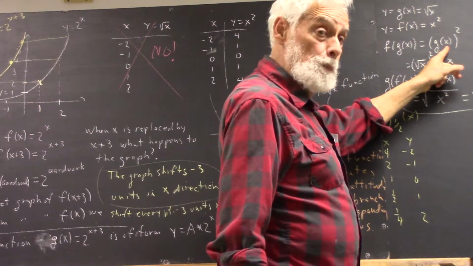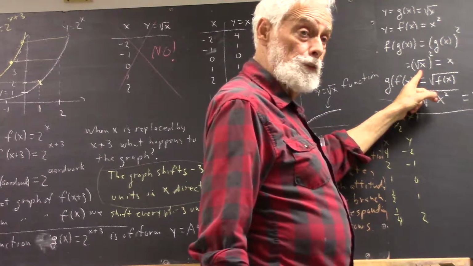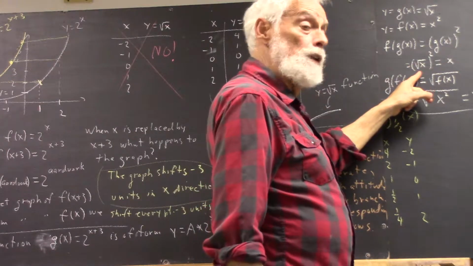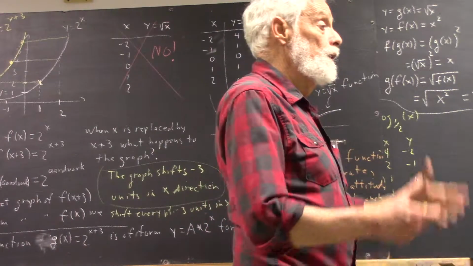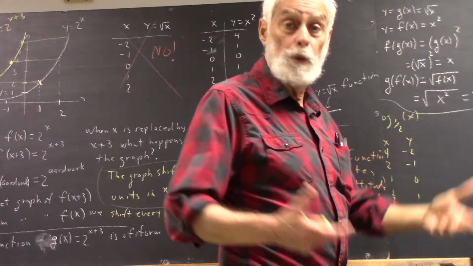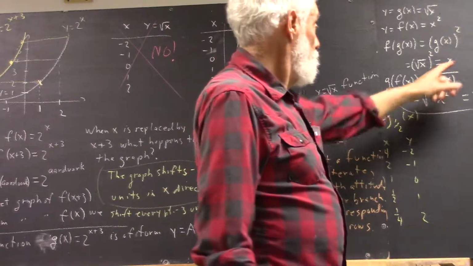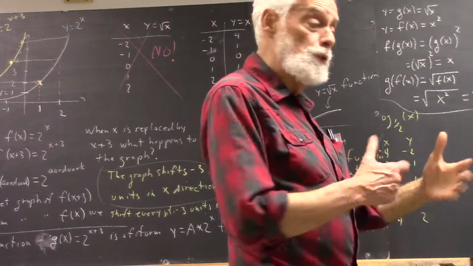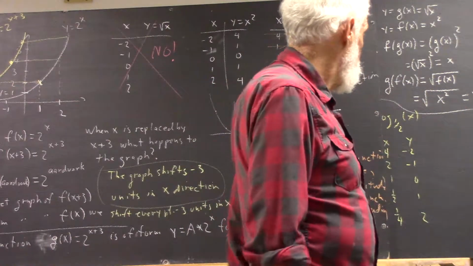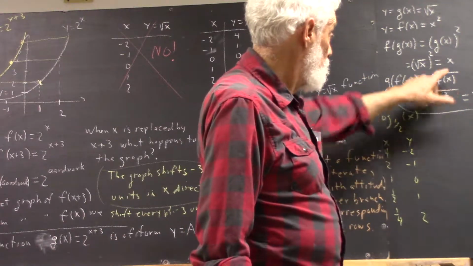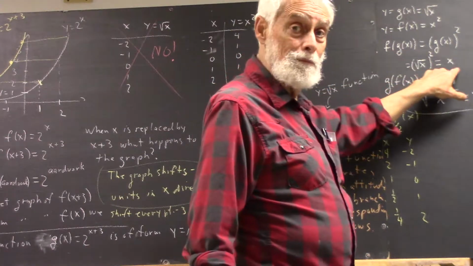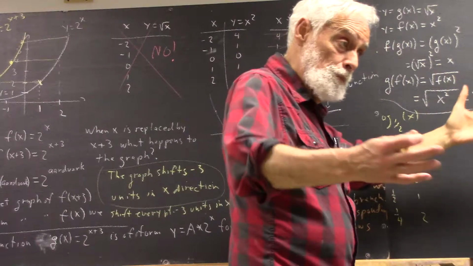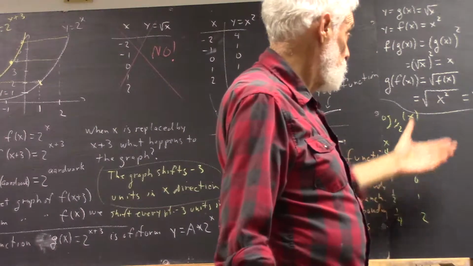So we replace g of x with the square root of x, and we get that this is equal to the square root of x quantity squared. Now, what do you get when you square the square root of x? Well, everybody could answer that one easily. It's x. You square a square root, you get what you started with.